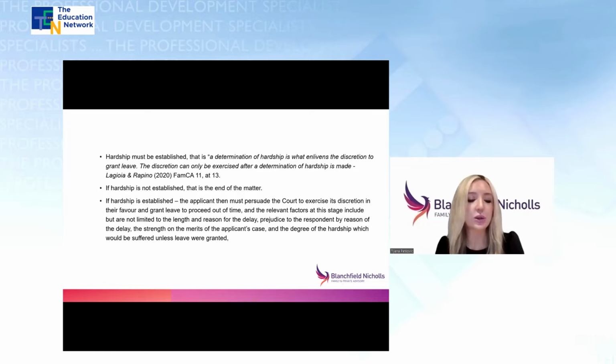And that is the essence of the inquiry into whether hardship will be suffered by denying the applicant the right to litigate that claim. The court is quite clear in the authorities that it is not a determination about whether the claim will succeed, but rather whether there is a reasonable claim to be heard.